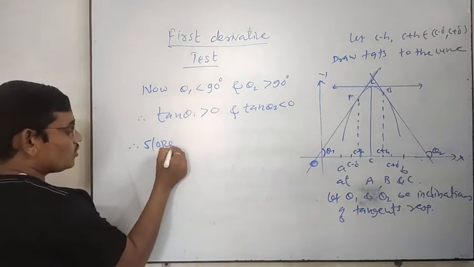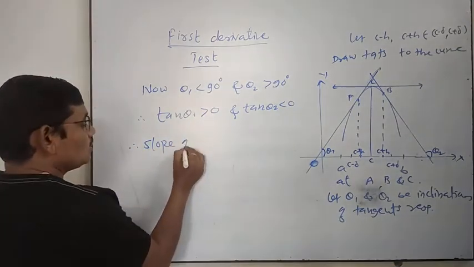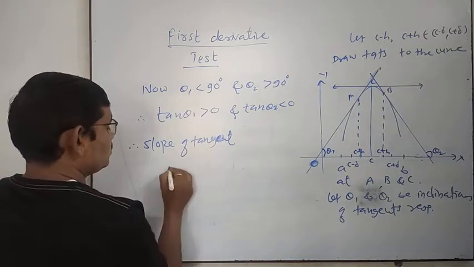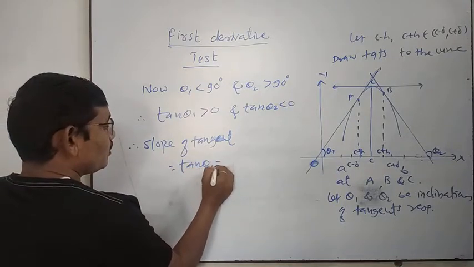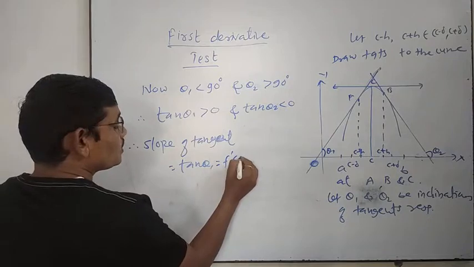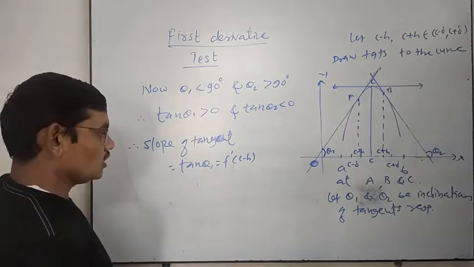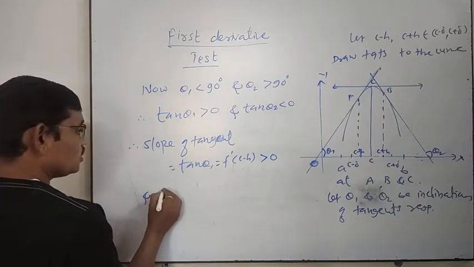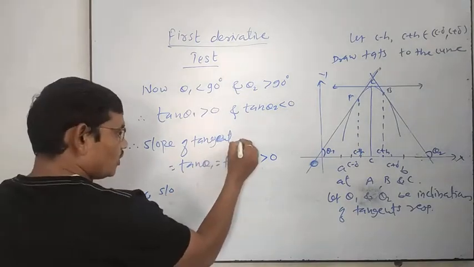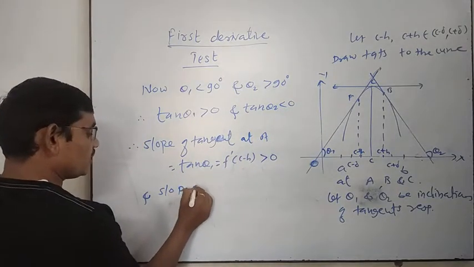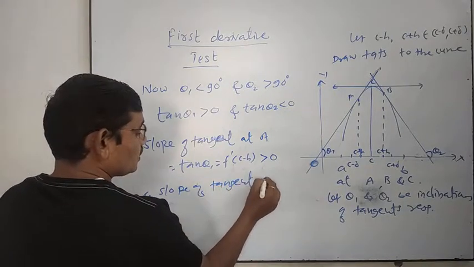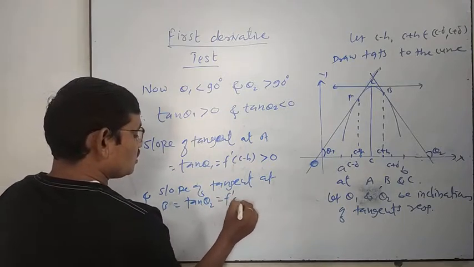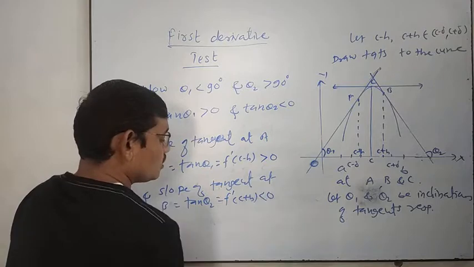Therefore, we know the relation of slope of tangent and tan theta. Slope of tangent at A is tan theta 1, which can also be written as f dash of c minus h, and it is greater than 0. And this is slope of tangent at B, tan theta 2, which is f dash of c plus h, and this is less than 0.